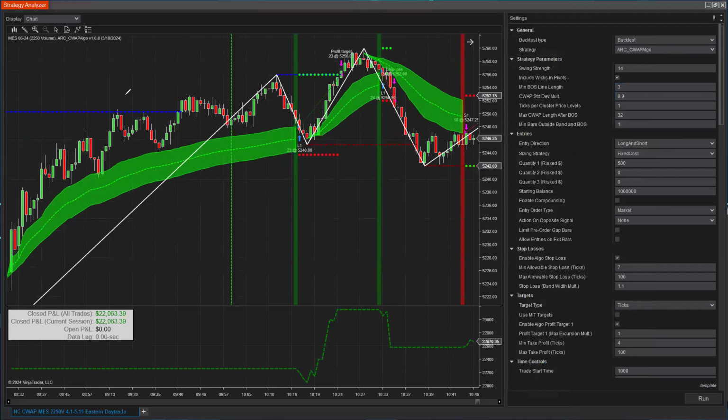VWAP standard deviation. Just like any other channel or bands, you have standard deviations. This is going to be set to 0.9, meaning that you actually have 0.45 on either end. So it's like a 0.45 deviation. The way that the team has coded this is that it's diameter, not radius.